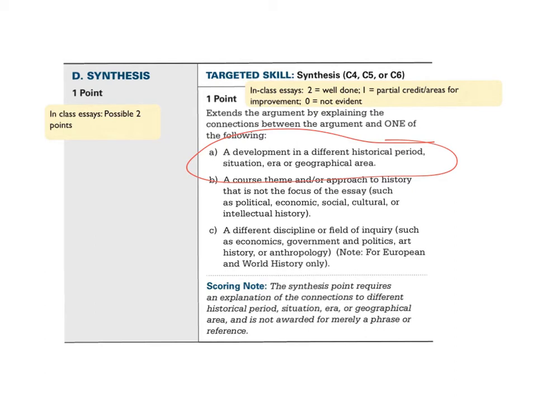The information in this time period that you're analyzing in your essay led to something later. That's synthesis. Or if you were talking about the threat of communism after World War I, that could be synthesis. But there has to be a connection, and you have to explain the connection. So I'm still seeing many people just making random comparisons to things that frankly aren't true. Sorry if that's a little blunt.